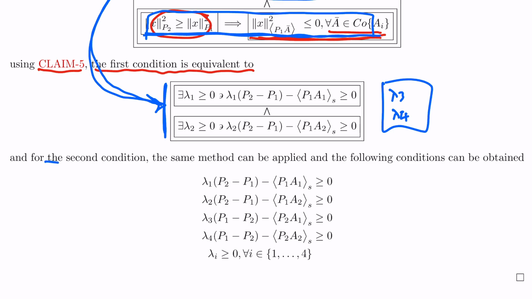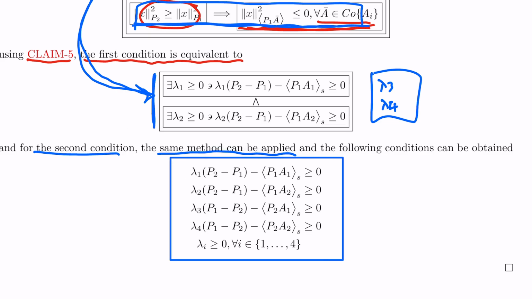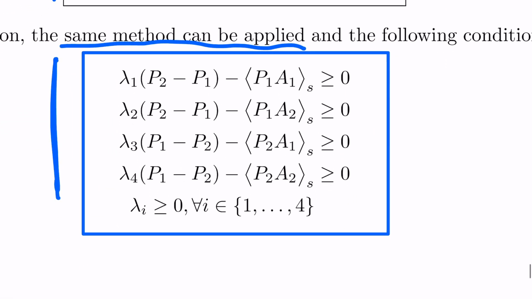For the second condition the same method can be applied, and finally we have these conditions. And here we have the QED. So these are the conditions that you need to satisfy to prove the asymptotic stability of the given dynamical system.